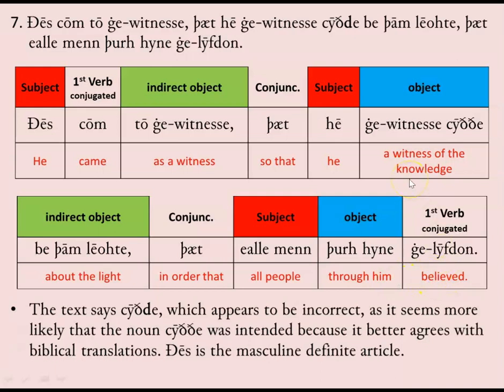Now, if we notice here, we have subject, conjugated verb. This is the main clause, the independent clause. We then have a subordinating conjunction, that, so that, then subject, object, indirect object goes next, and if there was a verb, then that would go to the end.